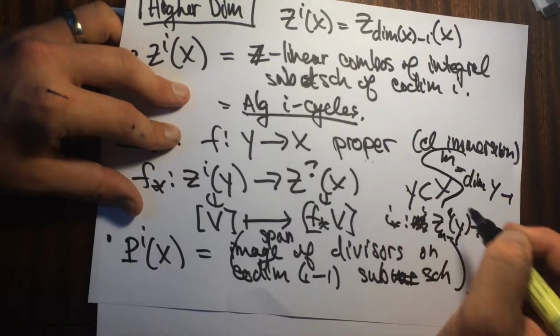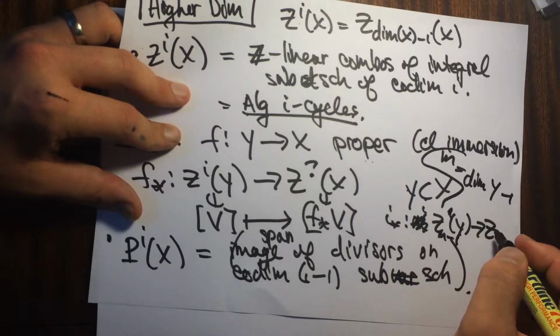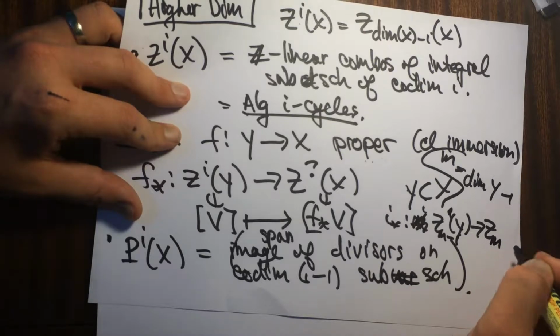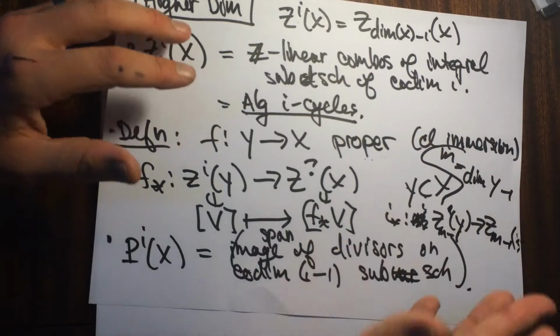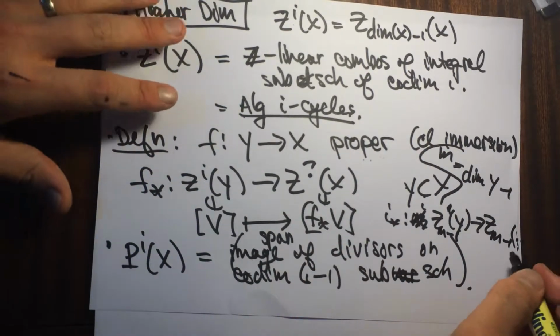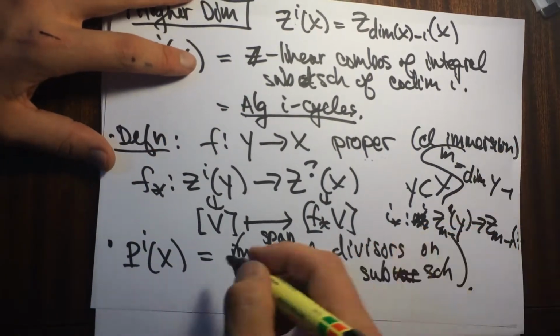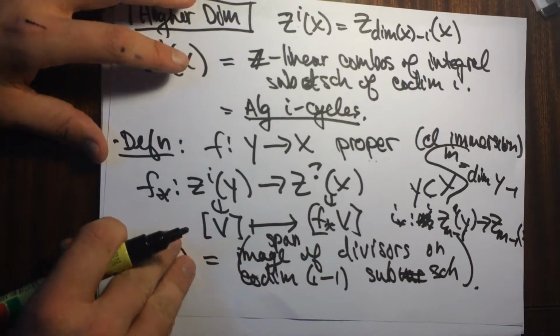Okay, sorry for this being messy. And then this thing goes to Z_{m−1} of X. So the dimension stays the same. Okay, so this is what I meant by the image of these things.